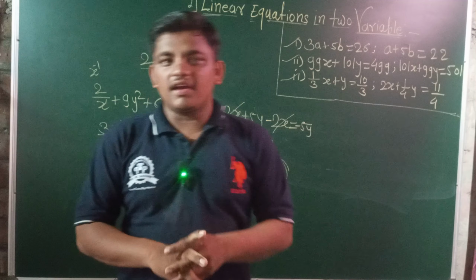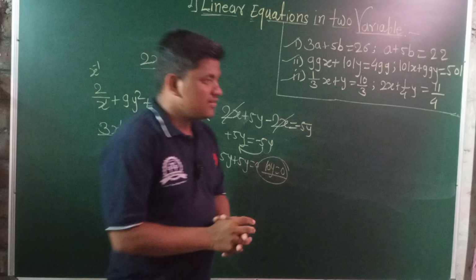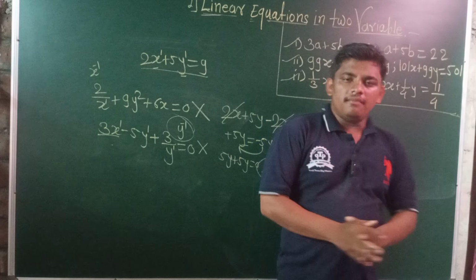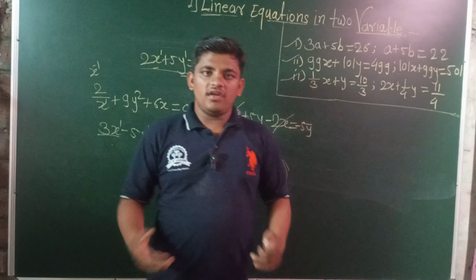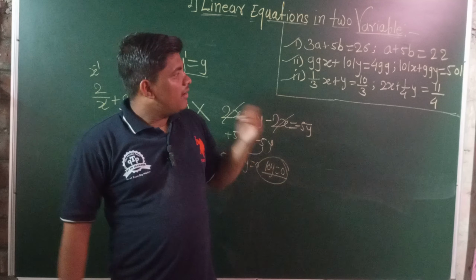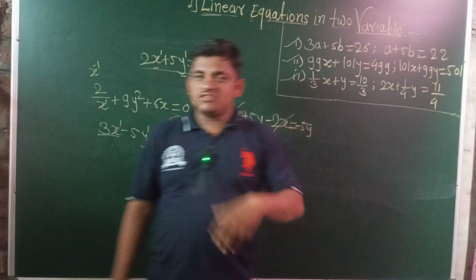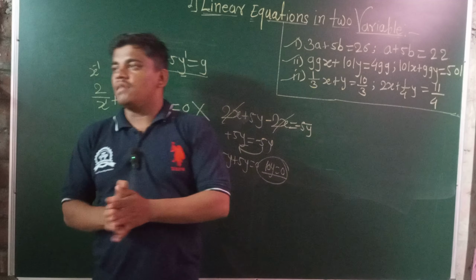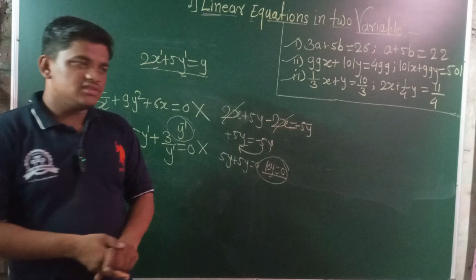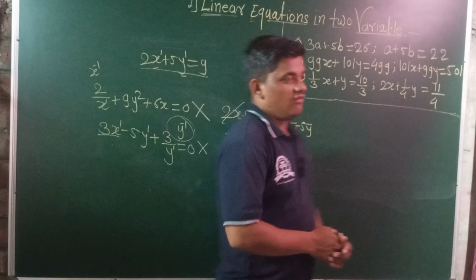In the third method, we solve using Cramer's rule, or the determinant method. It is a very interesting and easy part of these equations, and we can easily get marks by solving linear equations with Cramer's rule. And the last one is the reducible form of equations.